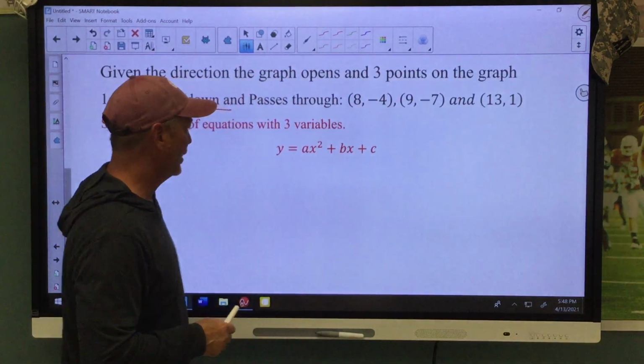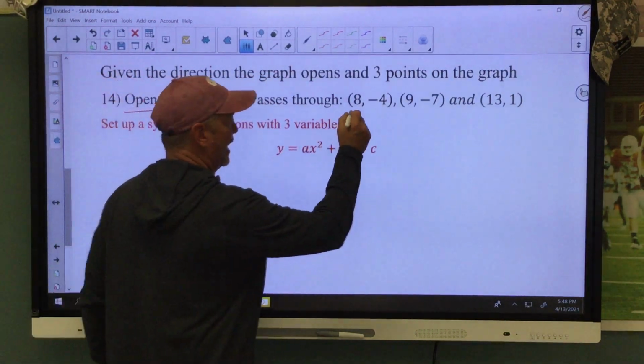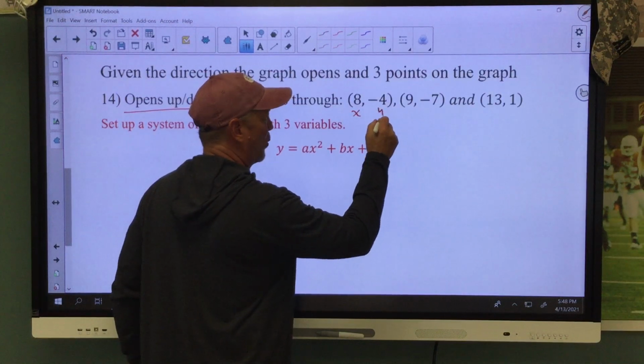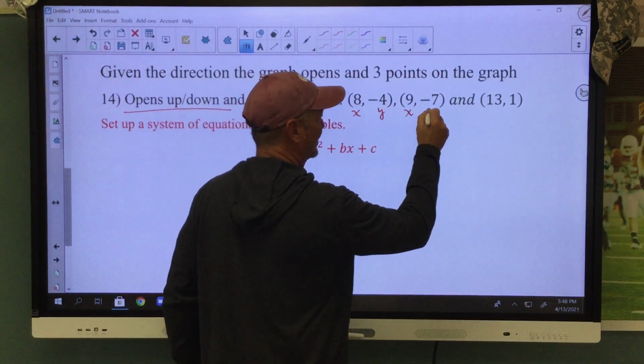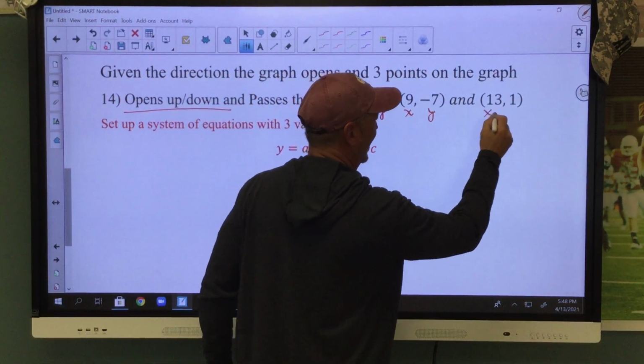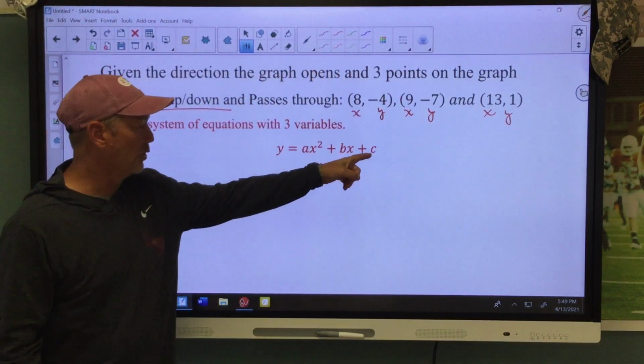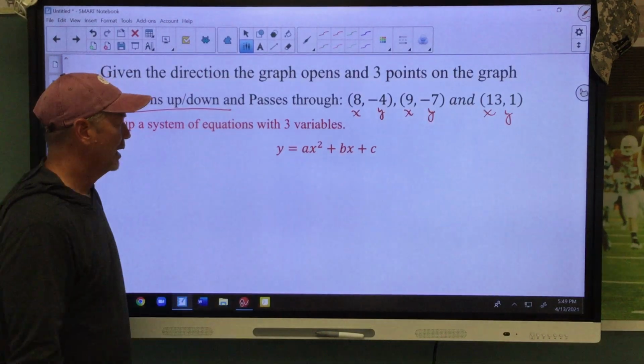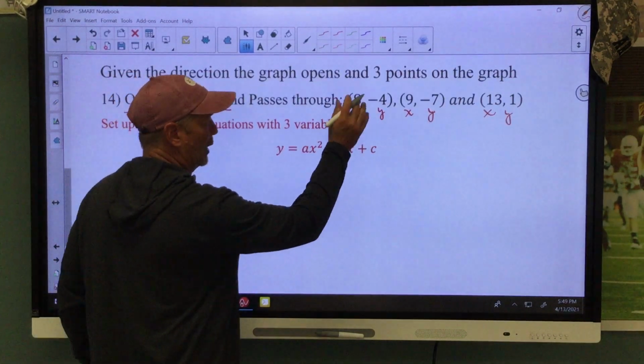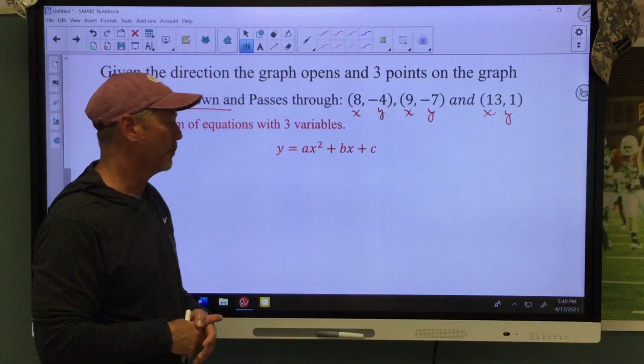But in this one, this is an x, this is a y. This is an x, this is a y. This is an x, this is a y. So we're going to substitute this into our equation, taking it one parenthesis at a time.